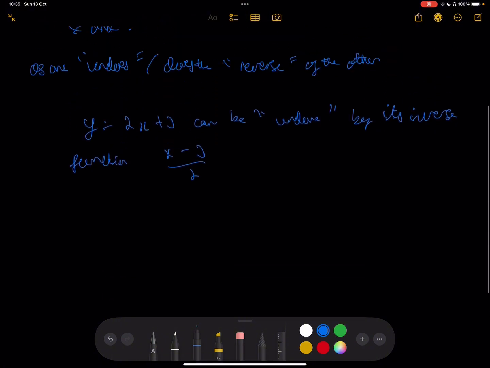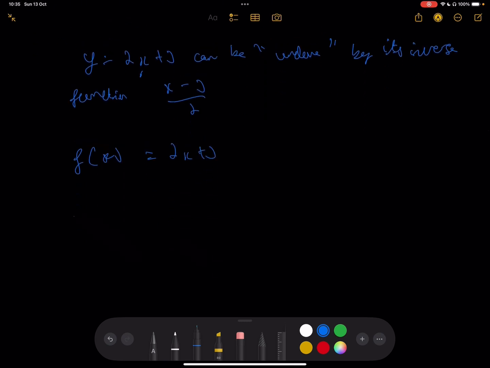So for example, let's say that this function can be described as f of x is equal to 2x plus 3. And the way we denote the inverse function, we do f to the minus 1 of x is equal to x minus 3 over 2.